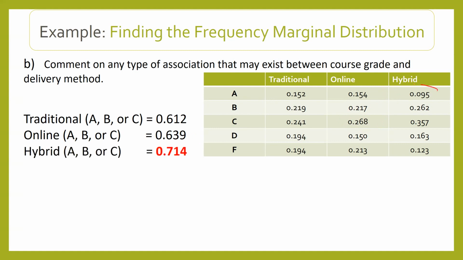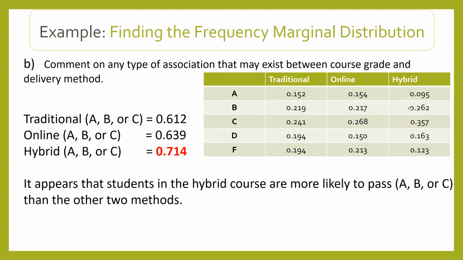And for hybrid, that gives 0.714. So clearly, hybrid is preferred. It appears that students in the hybrid course are more likely to pass than the other two methods because we have a higher proportion. So about 71.4% of the students in the hybrid class pass the class.